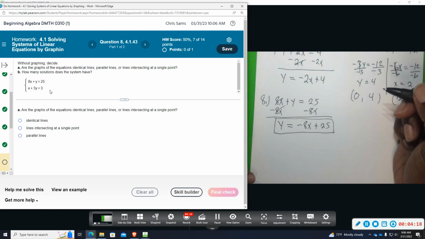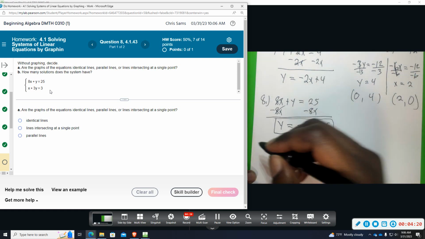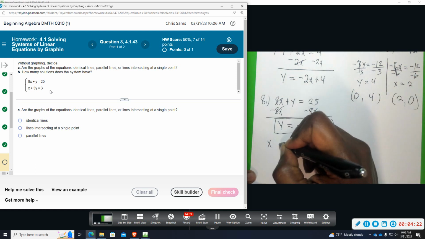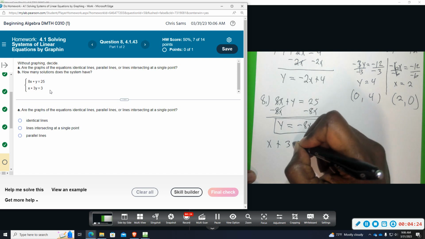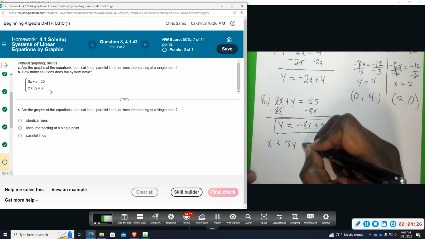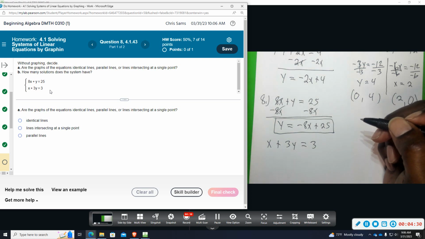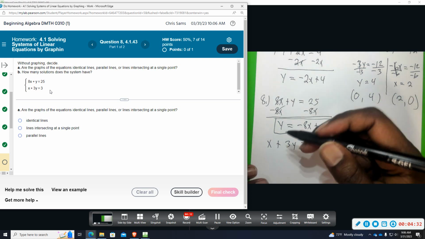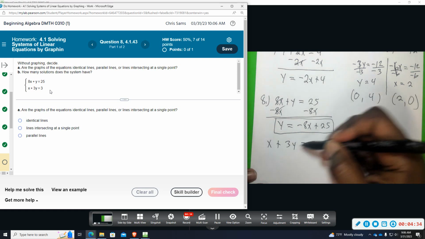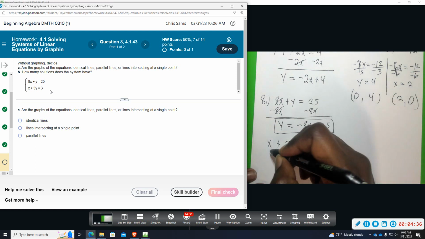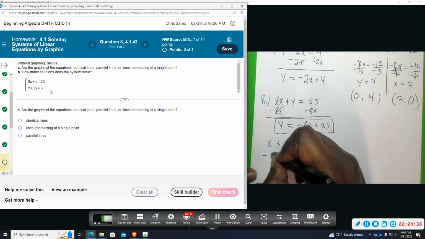So that's one equation. The next one, I have x plus 3y equals 3. Now looking at these, I can kind of see that these will not be parallel or the same equation, so I think they would intersect at one point, but let's finish it out. We're going to move the x across.